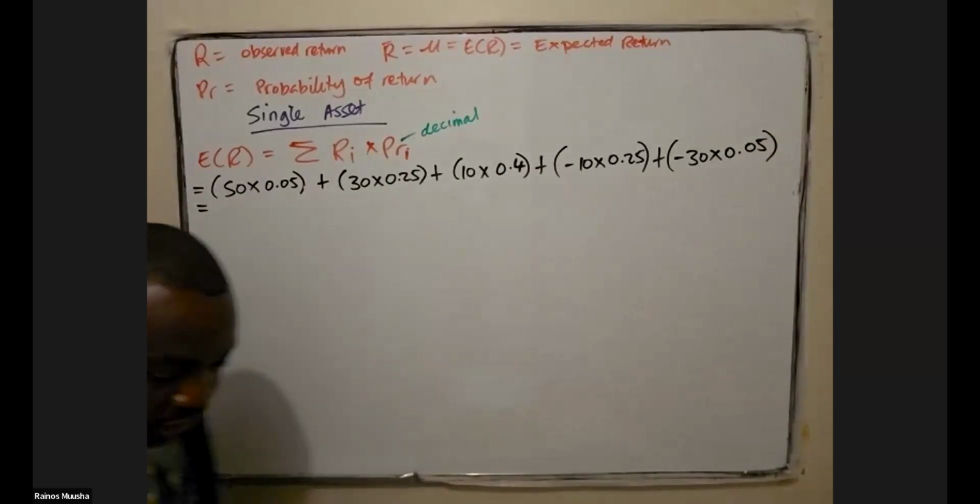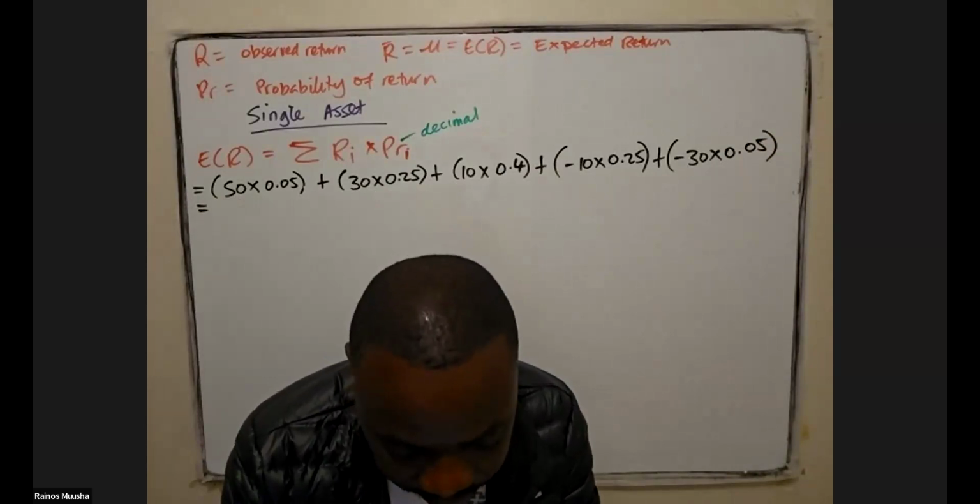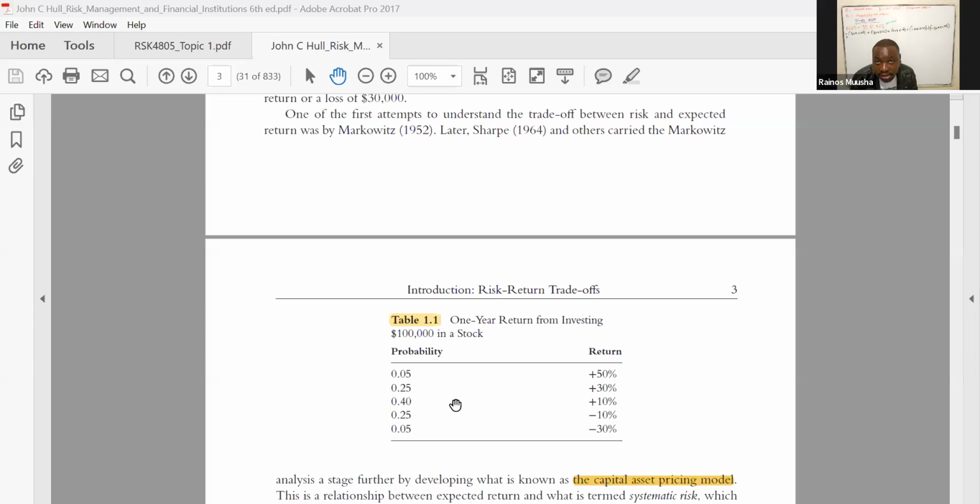Just to point out a note quickly, please note that when you look at these probabilities, 0.05 plus 0.25 plus 0.4 plus 0.25 plus 0.05, if you add these probabilities together, they should add up to 1.